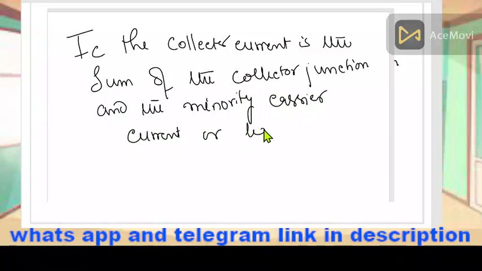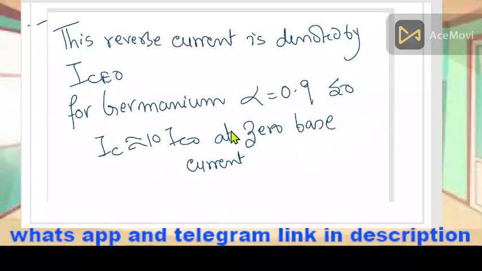So it is a sum, it is not a single current, and the leakage current you cannot avoid. So the reverse current is denoted by ICEO.